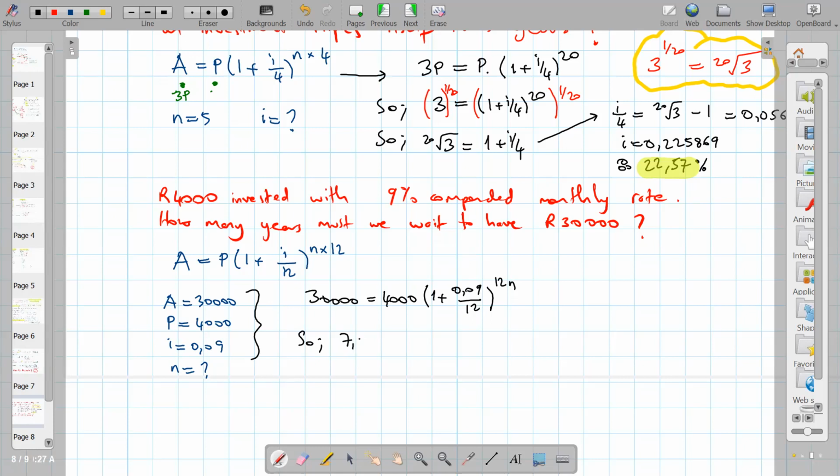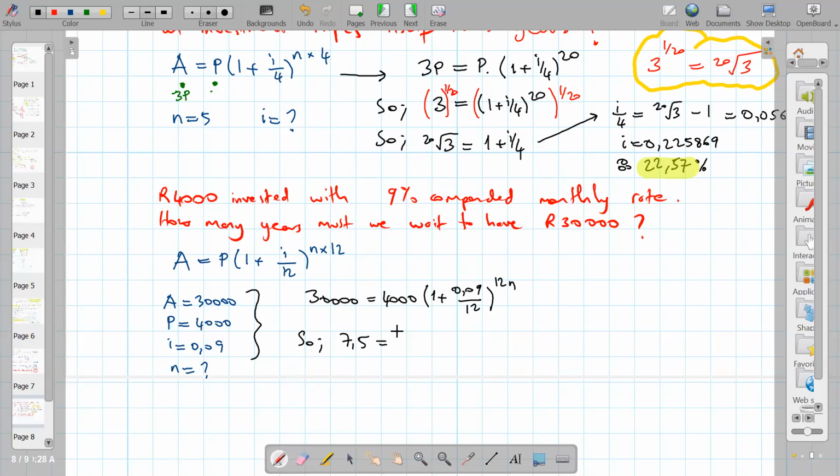So 7.5 is equal to 1 plus 0.09 over 12. I'm just checking that: 0.09 over 12 is 3 over 400, which is 0.0075. So we can leave it like that as well. 3 over 400 plus 1 is 403 over 400.